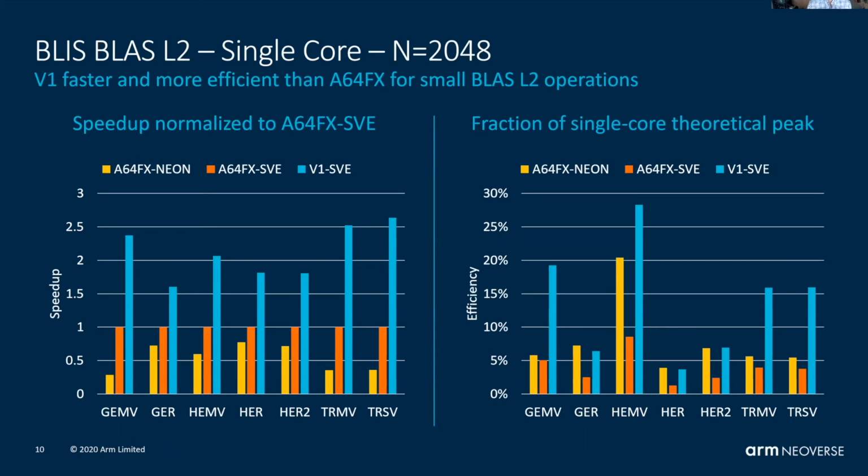The A64FX is a very narrow design with long pipes, and you really have to almost think of it as an in-order design because of the cost penalty of losing one of those pipes or putting a bubble in them. The V1 can handle complex code a little bit better here, and we're starting to see that in some of these L2 operations.